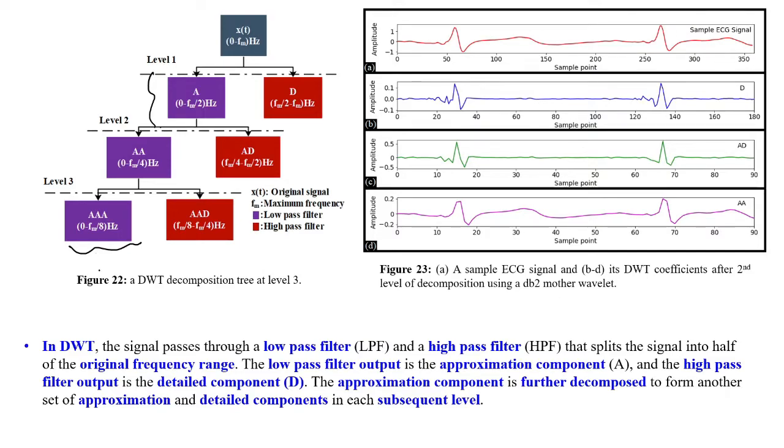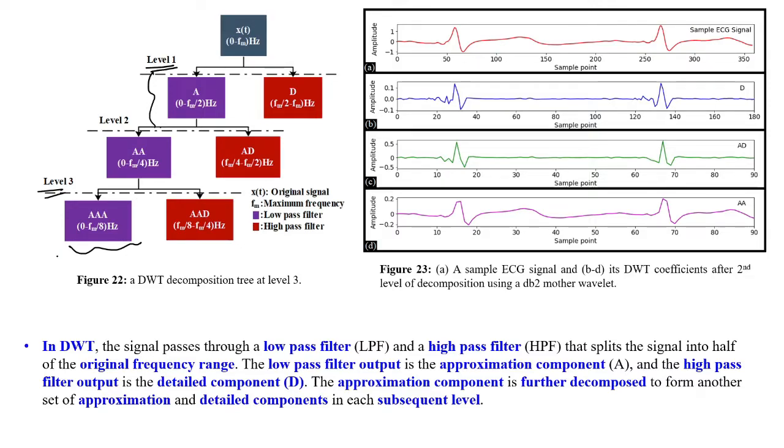So in other terms, if we look at it from the filter perspective, the width of the filter is smaller at a higher level and the width of the filter is bigger at a lower level.